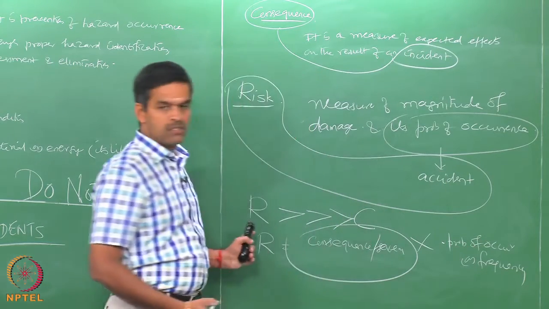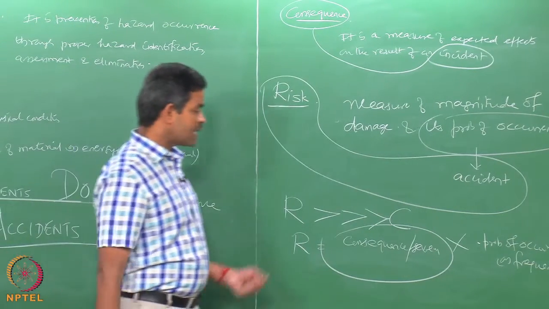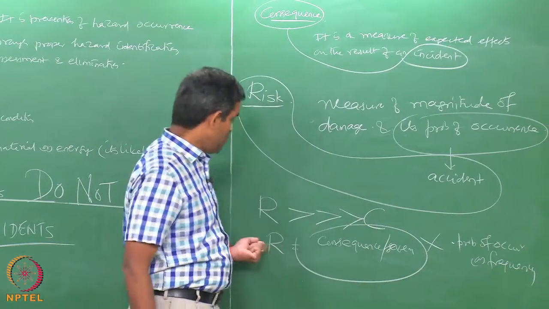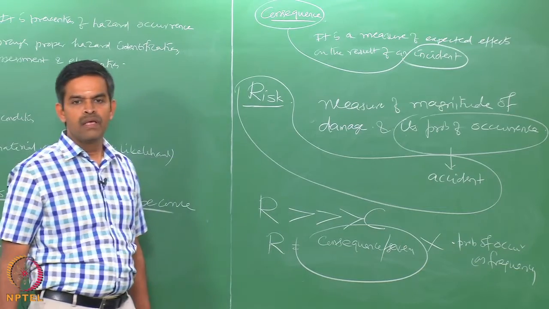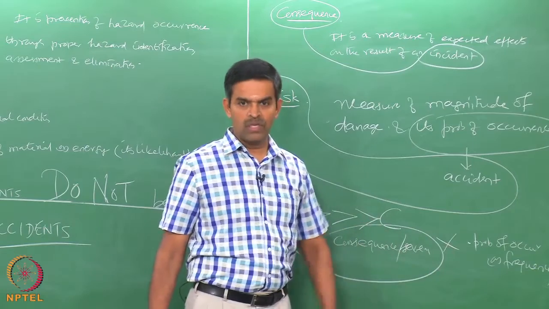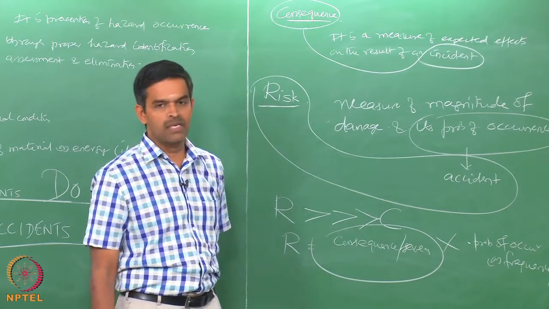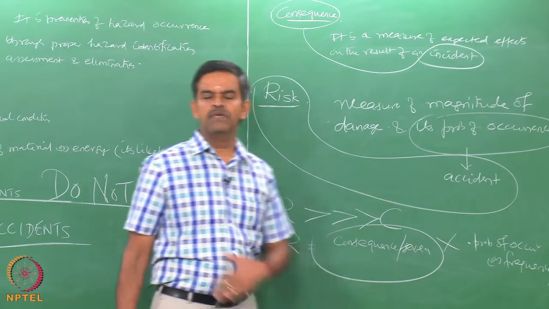multiplied by probability of occurrence, which is again a part of risk, which is not a part of accident, together will give me risk. If you express the consequences on a relative value, this gives me qualitative risk assessment. If you express the risk in quantitative value, in absolute terms, in terms of money, in dollars, it gives me quantitative risk assessment.